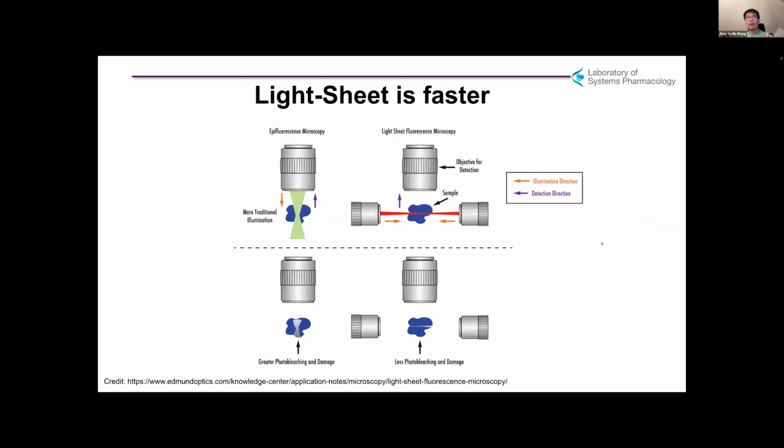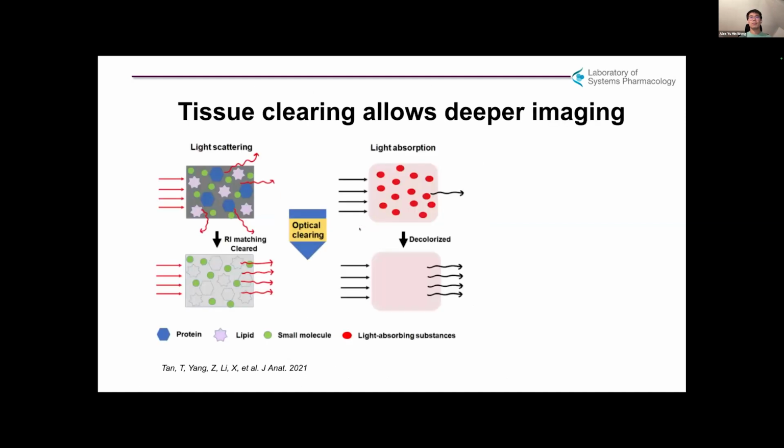And so I talk a lot about light sheet and what the benefits of light sheet are. Not only is it much faster, it also covers larger distances, and you're not illuminating the entire tissue, which could cause photobleaching. The excitation is actually decoupled from the detection lens, unlike wide field and confocal. But this doesn't mean that we can immediately image much deeper. We also need to clear the tissue.